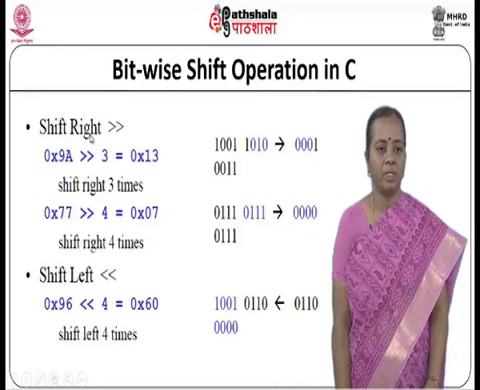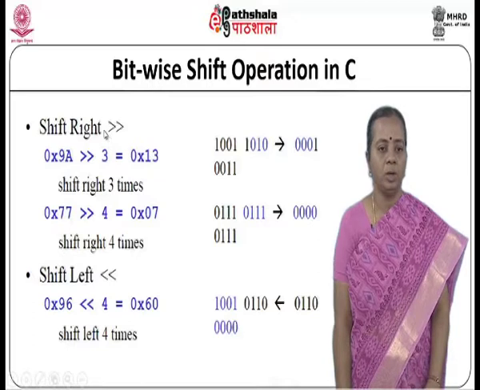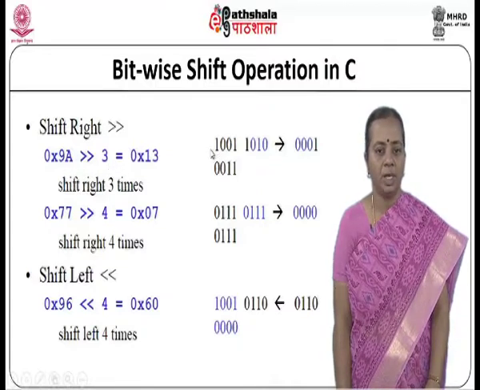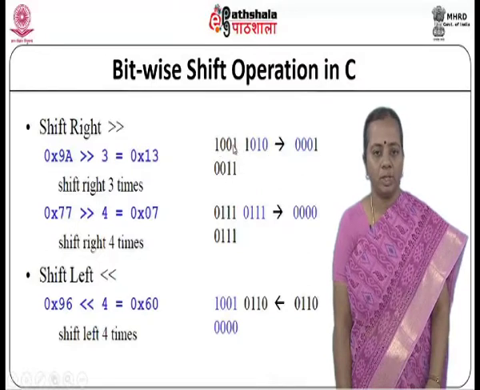There you just see the shift right, which is done through these two greater than symbols. If I write 0x9A, the shift right symbol along with 3, then this data is getting shifted right by 3 positions. So, I am getting a value of 1001 because it is 9A, 1001 1010, shifted right by 3 positions.